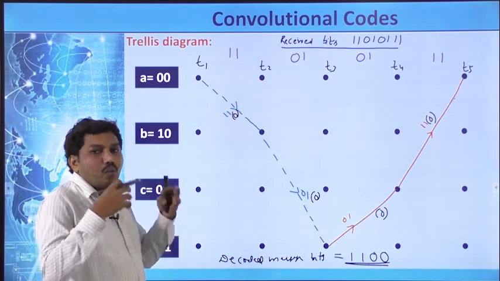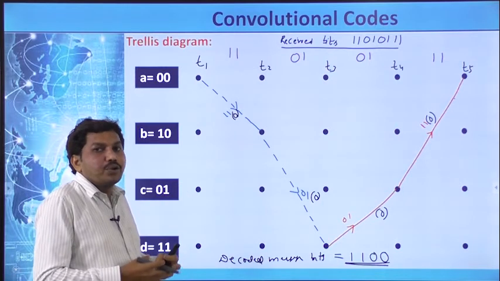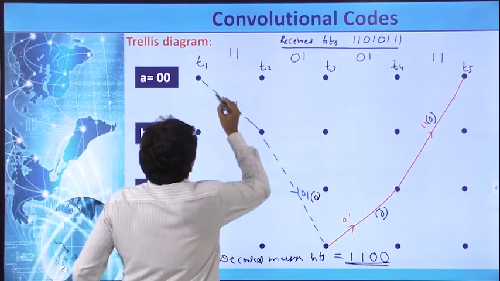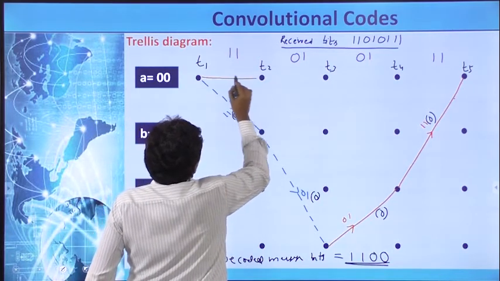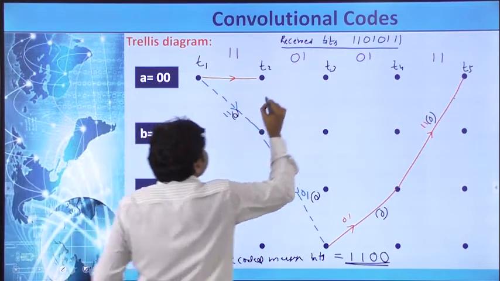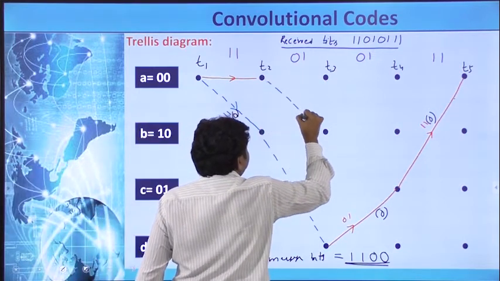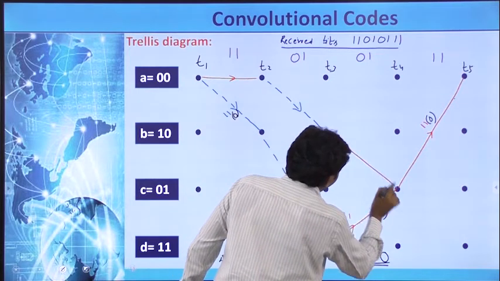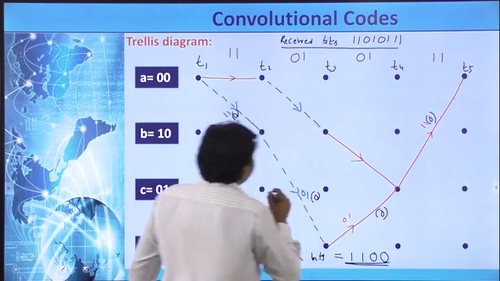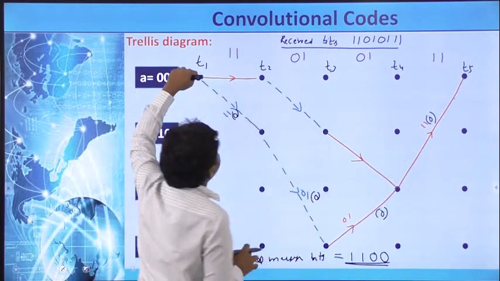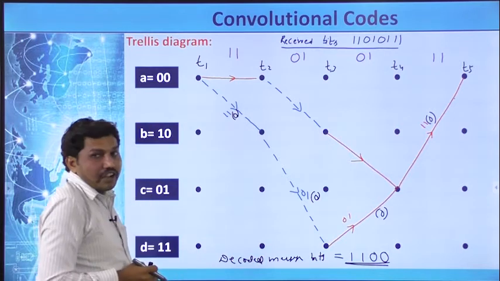If more than one path is there, how do we calculate the decoded message bits? For example, this is another path, one more path from T1 to T5.